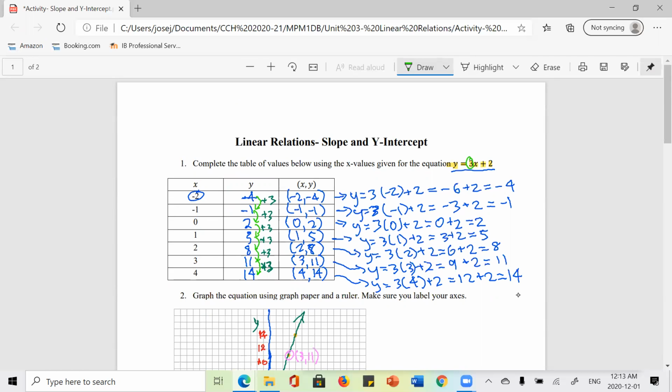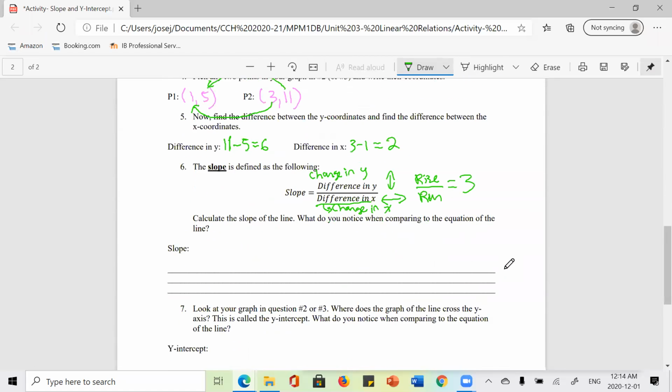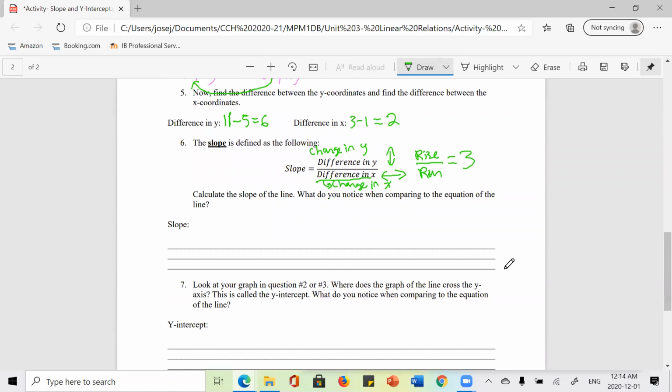That makes sense because we're taking our x variable and multiplying by how much it increases or decreases by. So it makes sense that it would be the coefficient of the x variable. So we start to see here that the slope is actually the coefficient of the x variable.